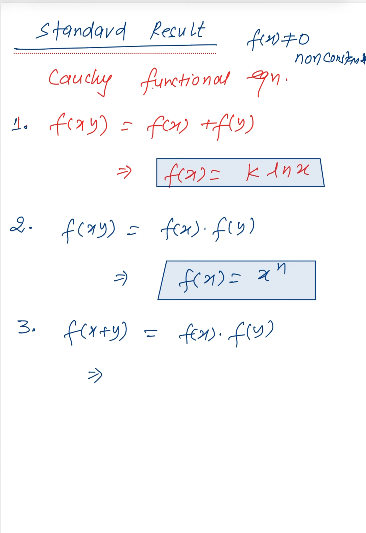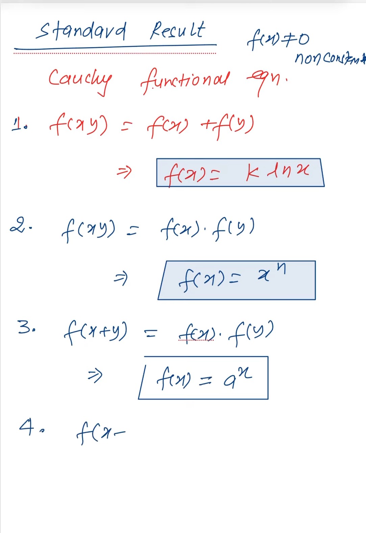In that case, we can take f(x) as a to the power x. And the fourth standard one is f of x plus y is equal to f(x) plus f(y). In that case, you can choose f(x) is equal to kx. In this case, f(x) is linear.